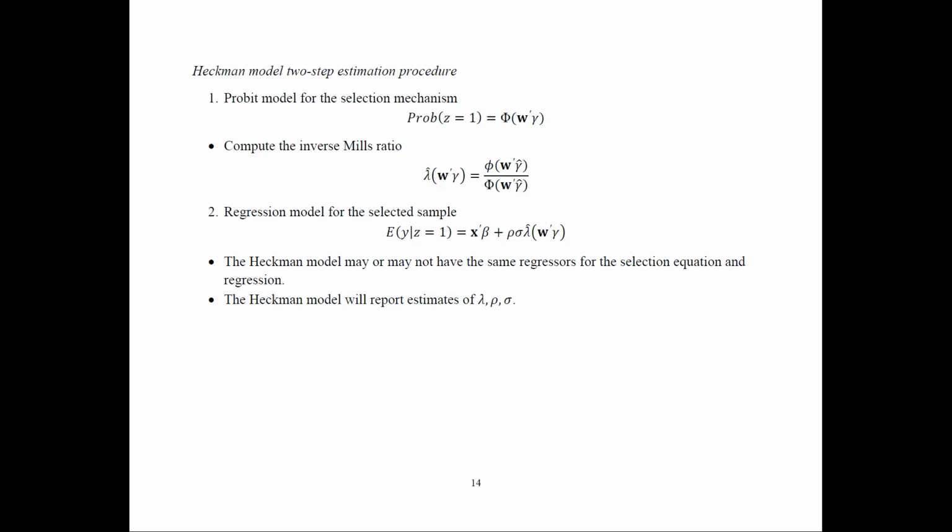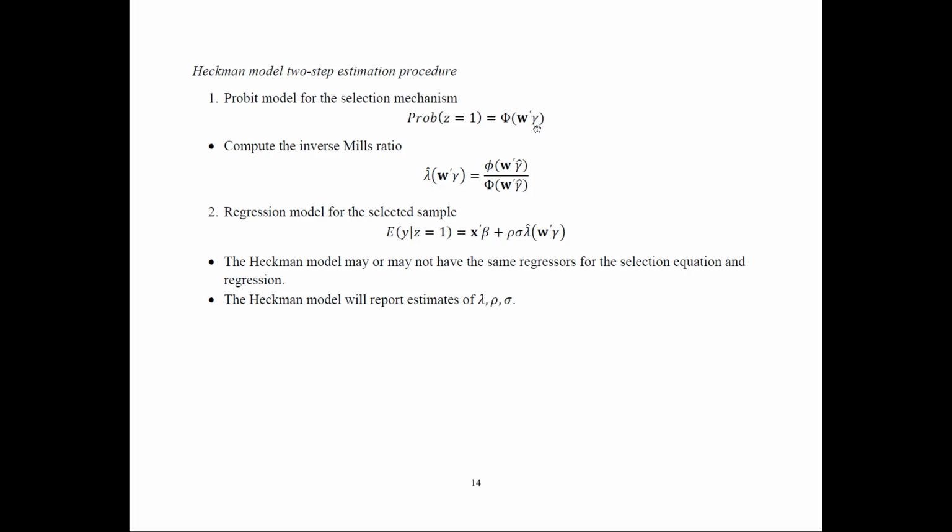So here's the Heckman two-step estimation procedure. In the first step, we estimate a probit model for the selection mechanism. Here the probability of Z equals 1 is equal to the CDF of the normal distribution, where W are the independent variables and gamma are the coefficients.